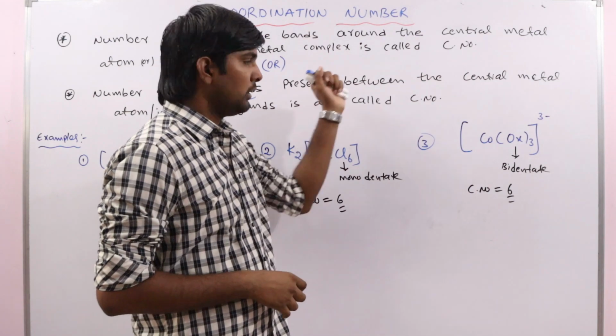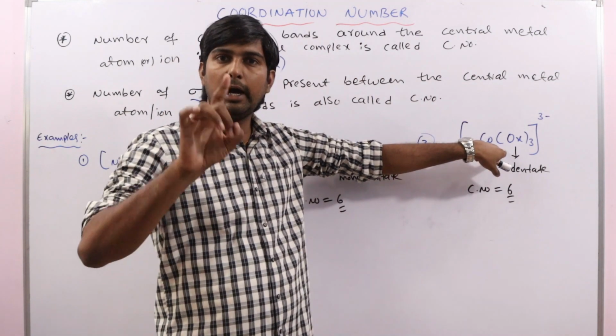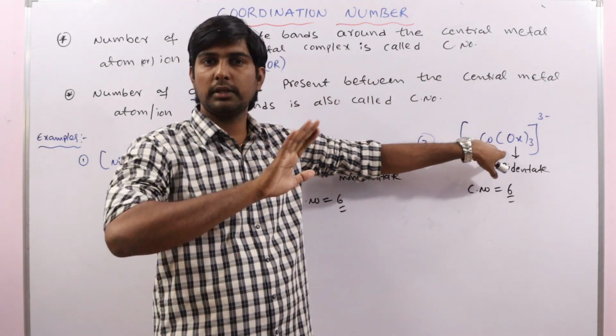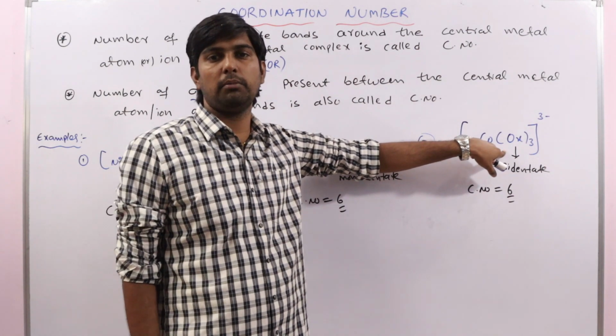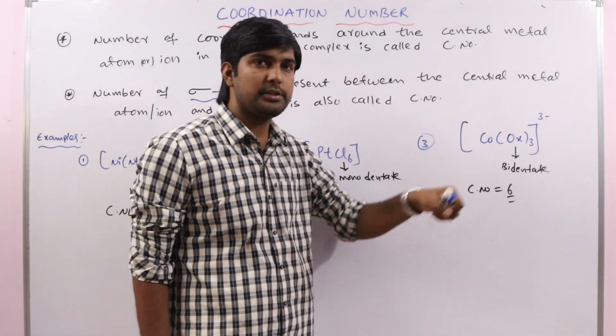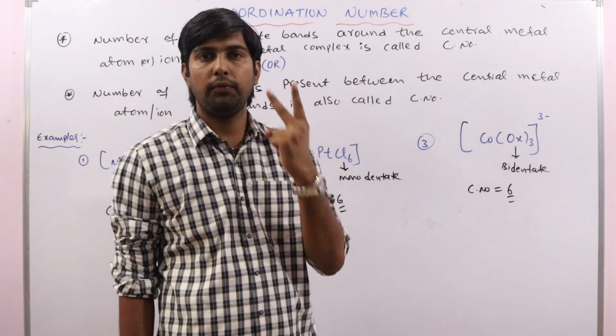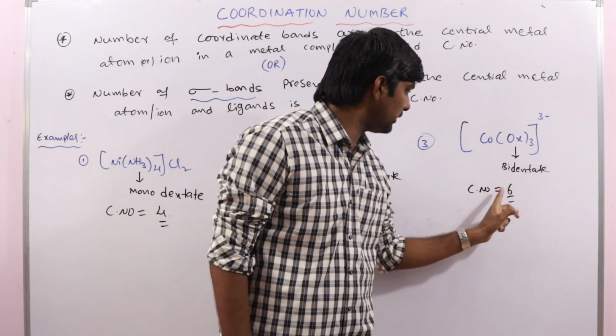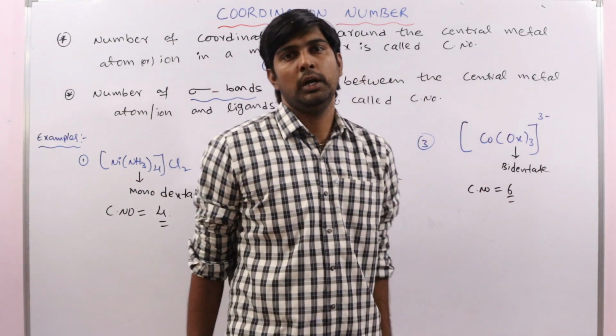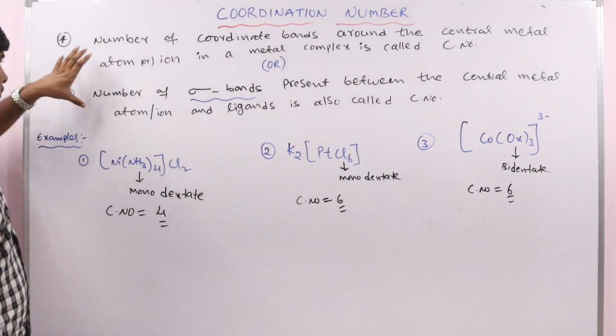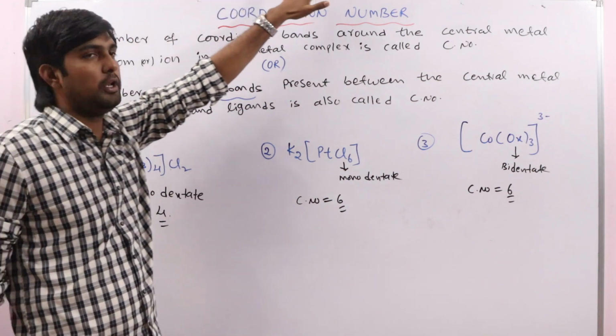The number of ligands present in the coordination sphere is not always equal to the coordination number. This is the best example: we have only 3 ligands, but each ligand can form 2 bonds, so the coordination number is 6. These are the perfect definitions for the coordination number.